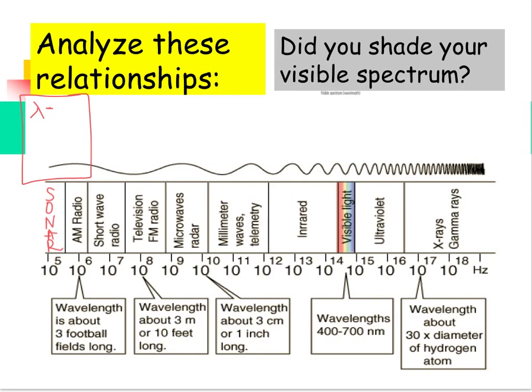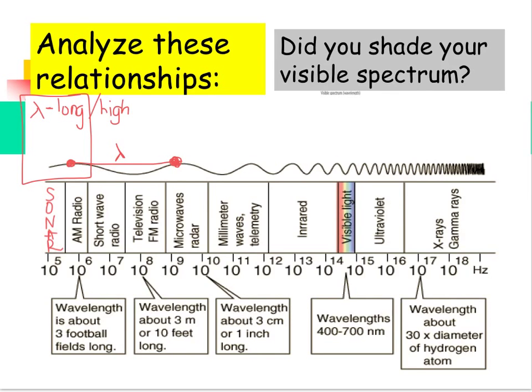We are going to say that the wavelength on the left-hand side is long, which is the same thing as saying these guys have a high wavelength. Long means high wavelength. The wavelength, if you remember from reading yesterday, is from one part of the wave to the same part of the next wave. So this would be the wavelength of this wave if we were measuring.